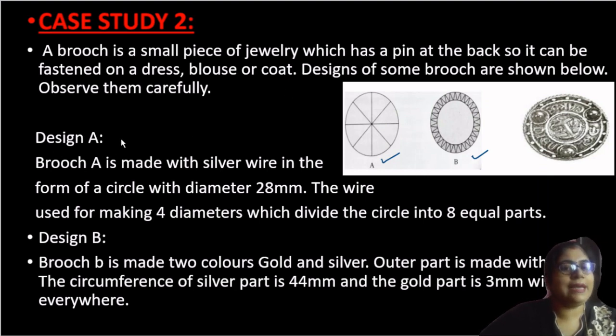So in design A, brooch A is made with silverware in the form of a circle with diameter 28 millimeter. So this distance is 28 millimeter and the entire outer circumference is made up of silverware. And the ware is also used for making 4 diameters which divide the circle into 8 equal parts.